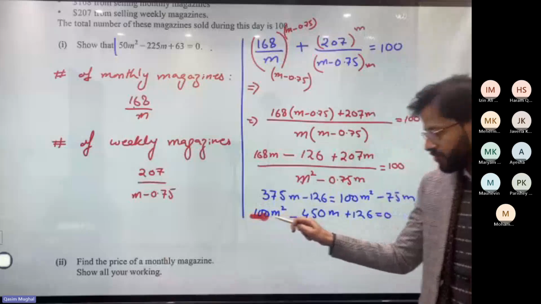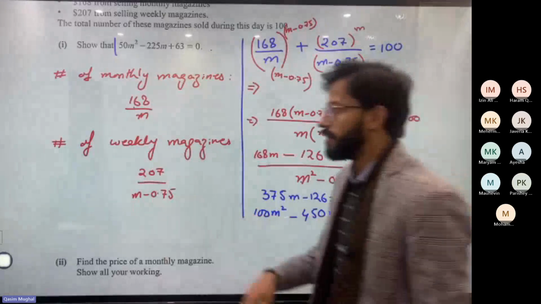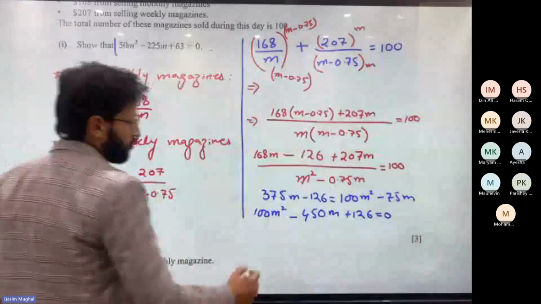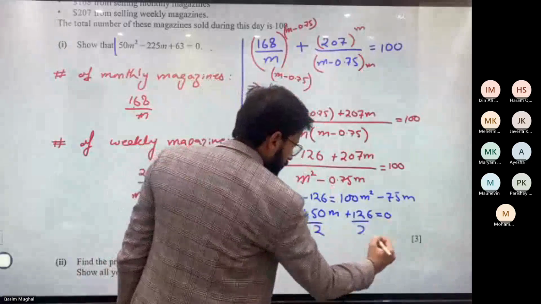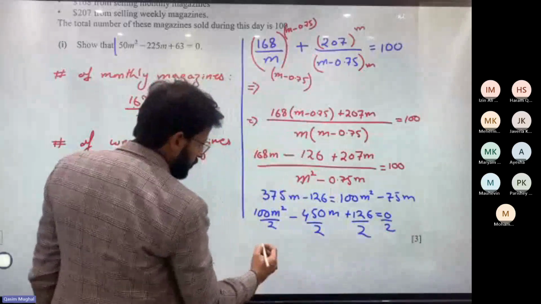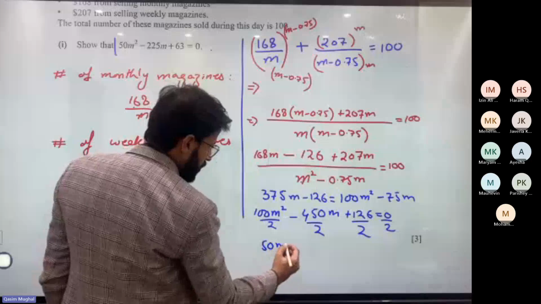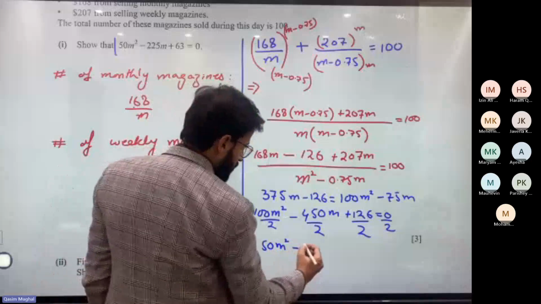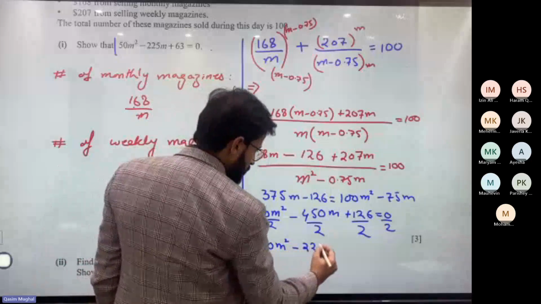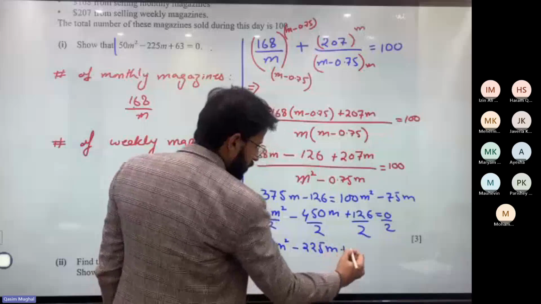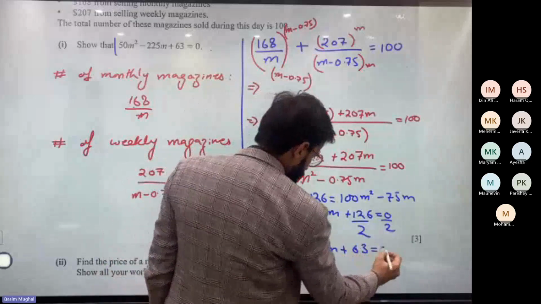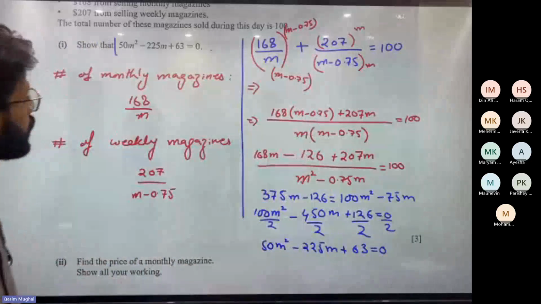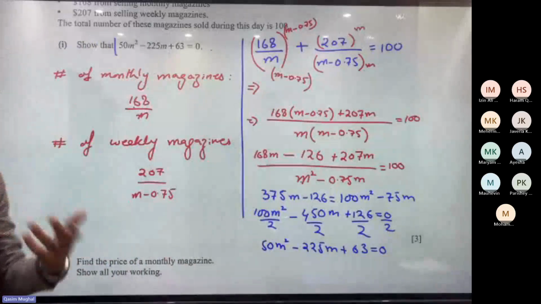I need to maintain the balance, so I'll be dividing the entire equation by 2. That leaves us with 50m squared minus 225m plus 63 equals to 0. हो गया ये? Yes. ये आपका पहला part हो गया.